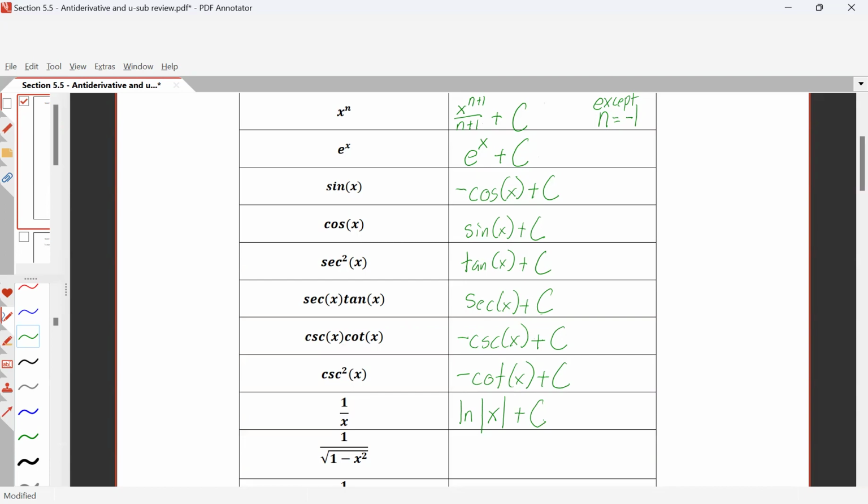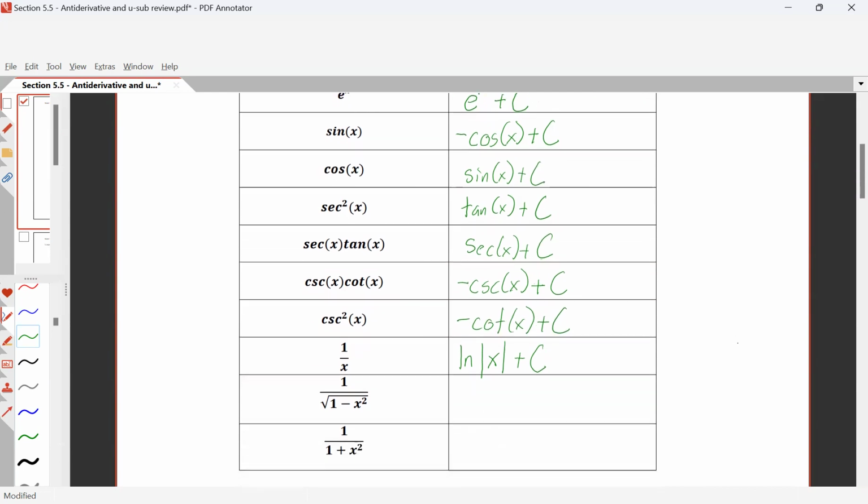And if we take the derivative of the natural log of negative x, we still get 1 over x. And when we take the derivative of the natural log of x, we still get 1 over x. So to account for both of those, we have absolute values. So the absolute values need to be there.